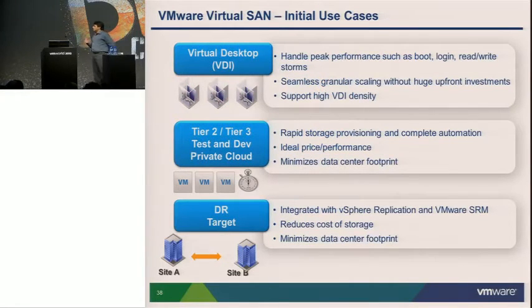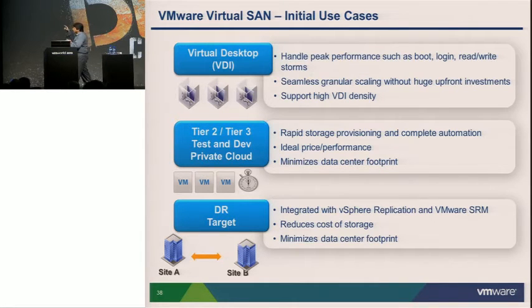VDI, or virtual desktop, is the first use case that we're targeting vSAN for. The second use case is what we call tier 2, tier 3 workload. Essentially, it is test and dev type workload, and I'll talk about each one of them in a second. And the third use case for vSAN is as a disaster recovery target, or DR target.